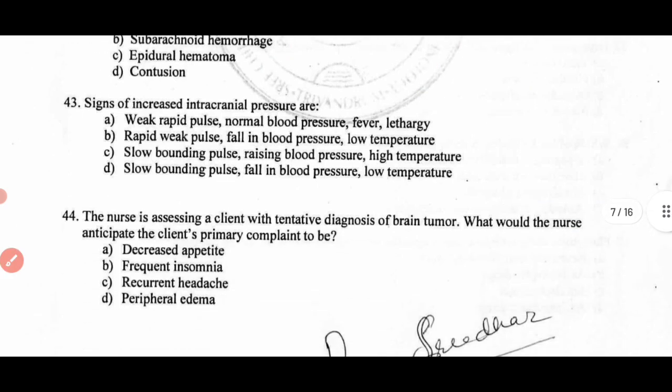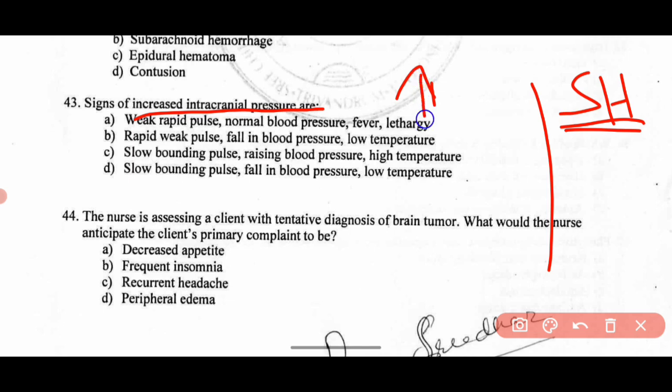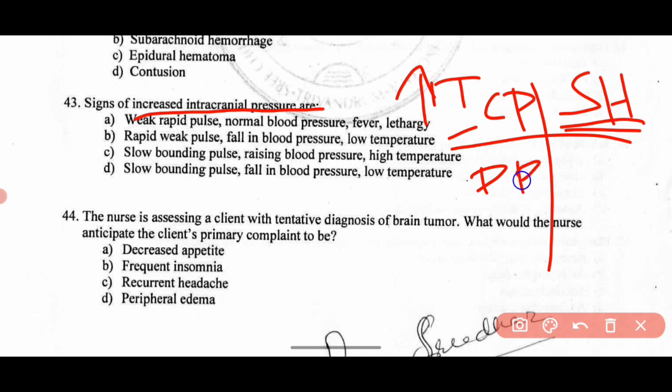That's all. Question number 43, signs of increased intracranial pressure. Very simple question. Whenever you come across the words increased intracranial pressure, the signs and symptoms are going to be just opposite to shock. Whether it is hemorrhagic shock or anaphylactic shock, whatever it is, shock and increased ICP differ. In increased ICP, the pulse rate is going to decrease.